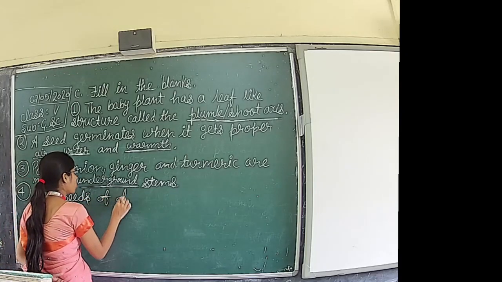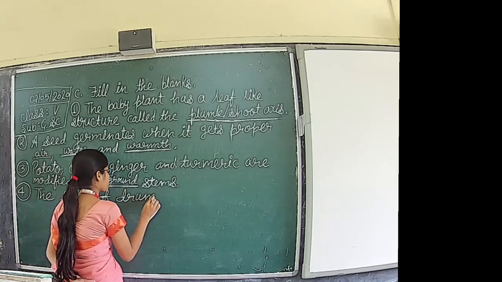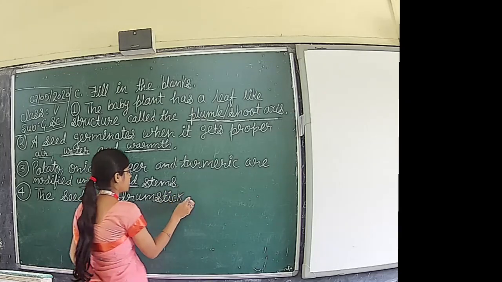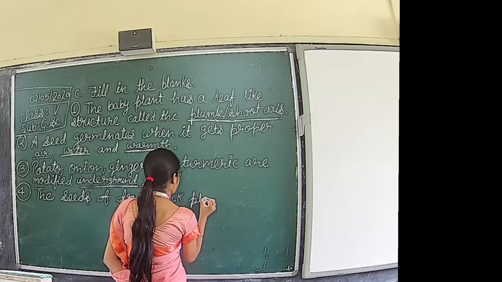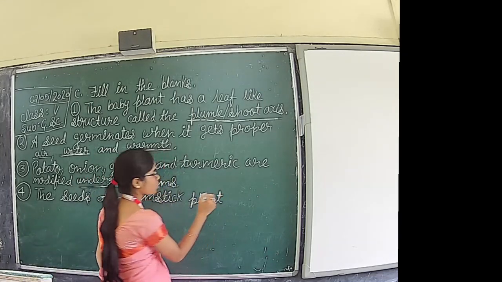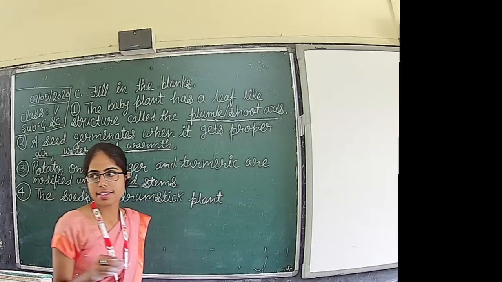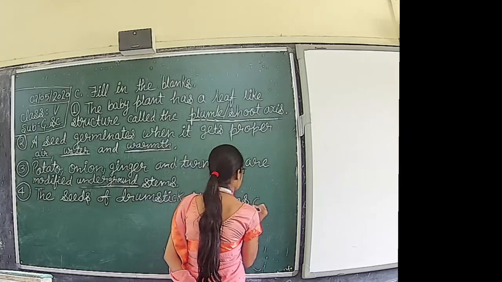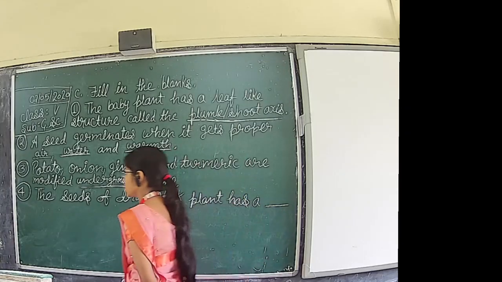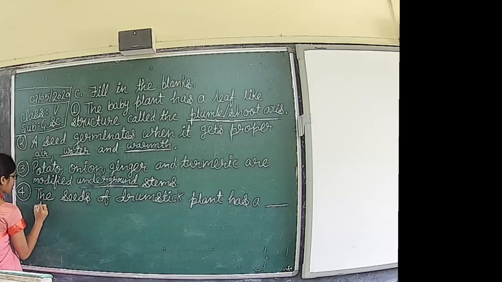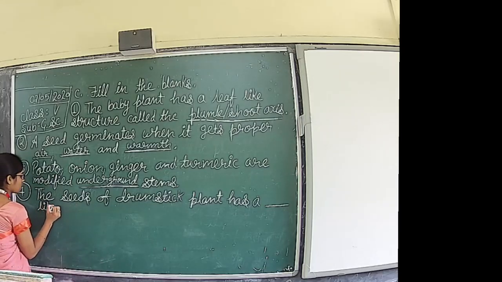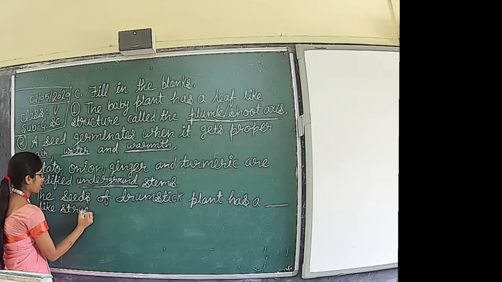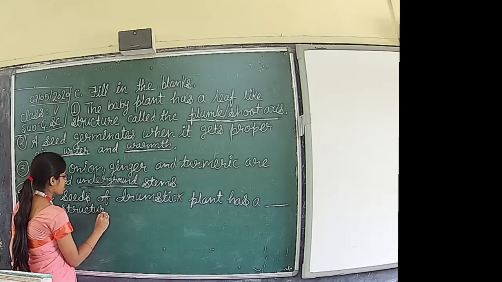The seeds of drumstick plant have a dash-like structure.